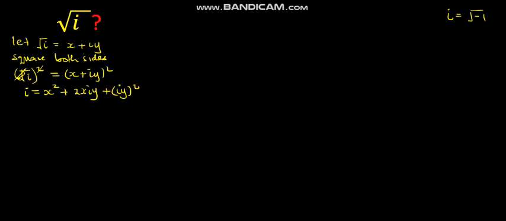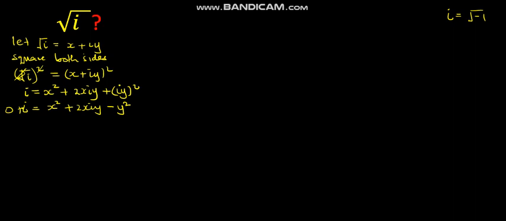But keep in mind, i squared is negative 1. So we shall have i is equal to x squared plus 2xiy minus y squared. So now we shall put a 0 on the left hand side, because the complex number is purely imaginary, meaning that the real part is 0.